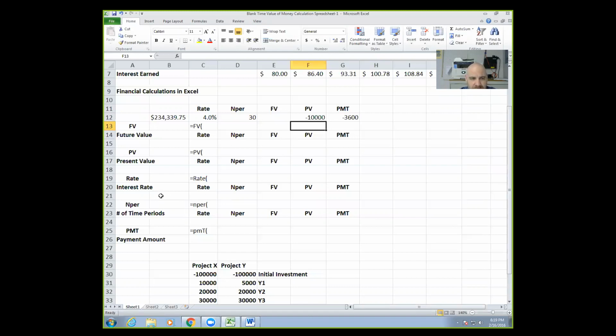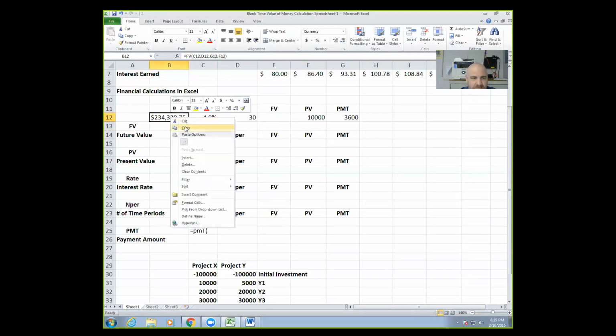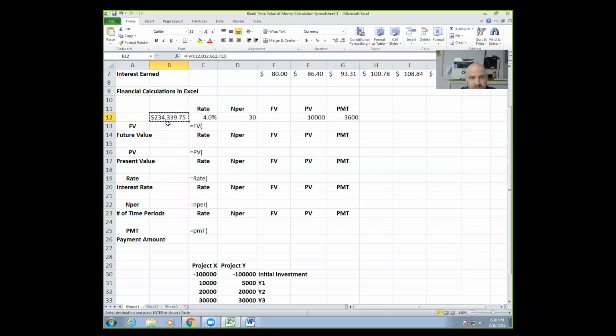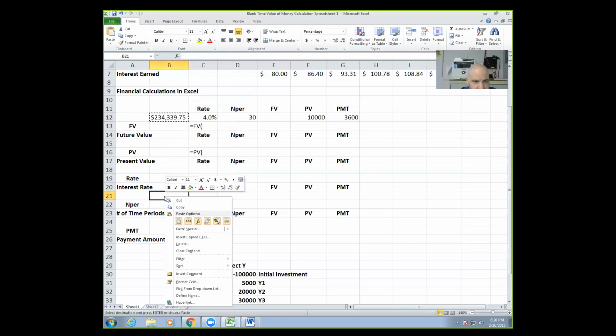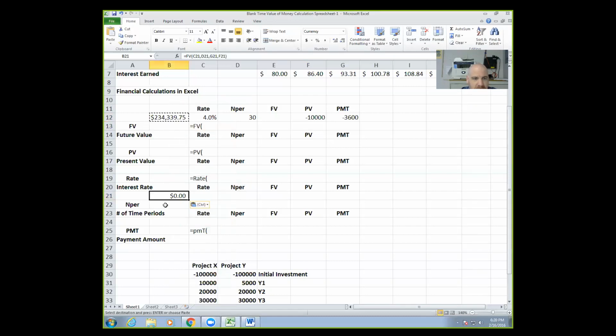So for this one, actually what I'm going to do here, this is another cool function. I'm going to copy this function that I put up here, and I'm going to put it down right here. Paste. Okay, it says 0 right now. When you copy a function, it doesn't go to the same cells, it goes to the relatively same cells.